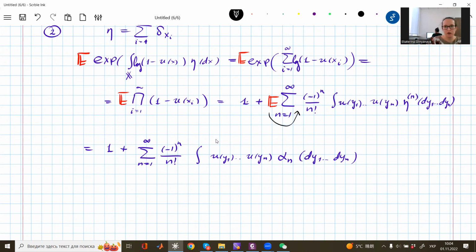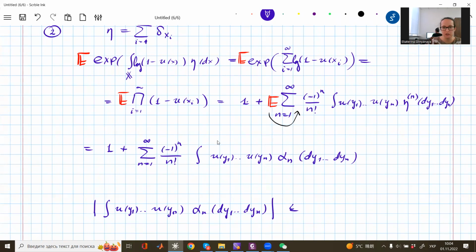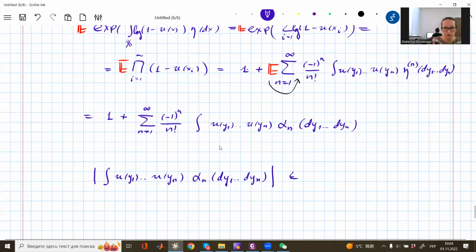We can write the upper bound for this integral, alpha n of dy first, dy n. I just write that this is not equal, and I write the modulus here.